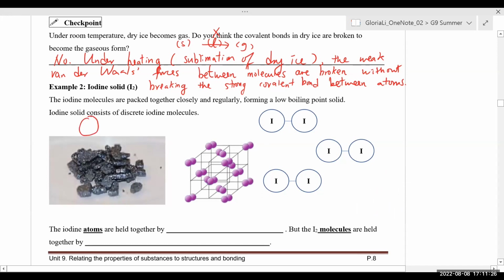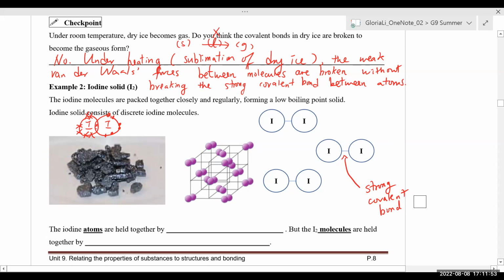I'm afraid I won't have enough space, so I draw it here. So this is iodine. So they share electrons and form a single bond in between. So between the atoms, this will be the strong covalent bond, as you can see from the shared electrons in my electron diagram.